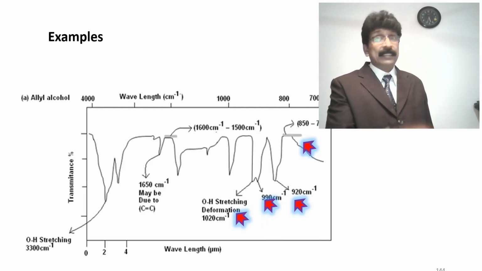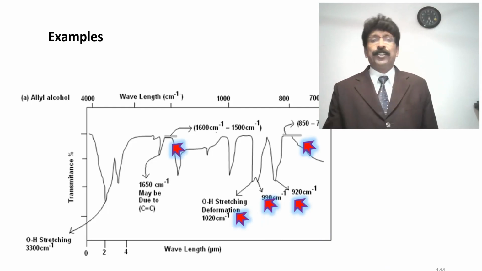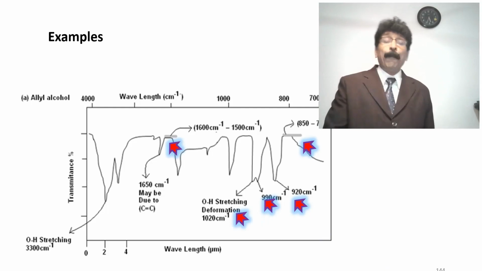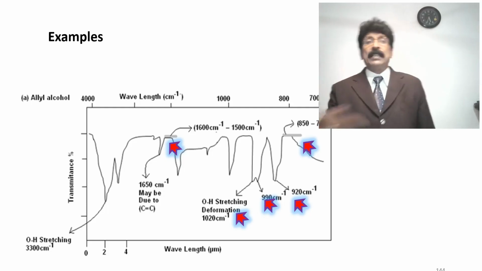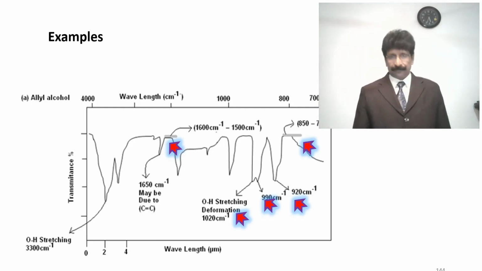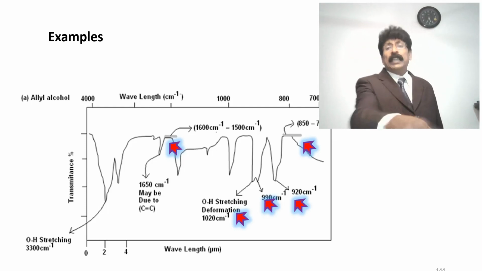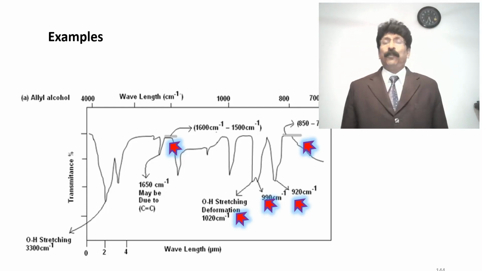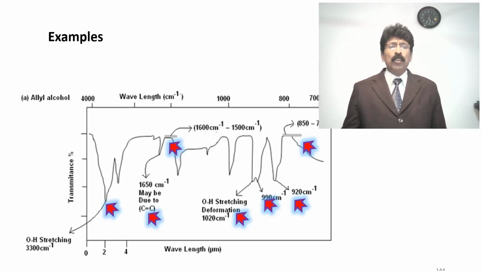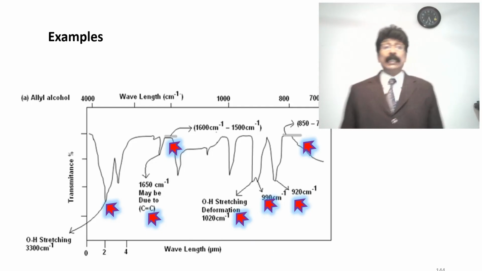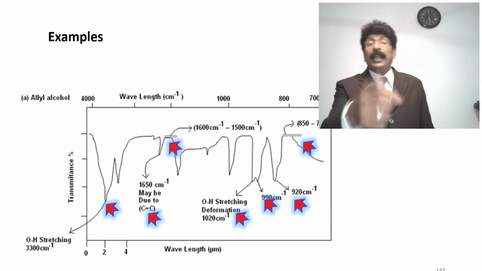This is 1020 due to deformation, and you will get a peak at 1650 due to the C double bond C, because it is allyl alcohol. In normal alcohol you will not get this peak of 1650 centimeter inverse, which is due to the presence of the C double bond C. And for OH, we almost know that the peak is due to stretching at 3300 centimeter inverse. In the beginning itself I have just explained.